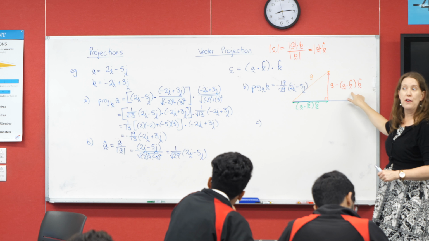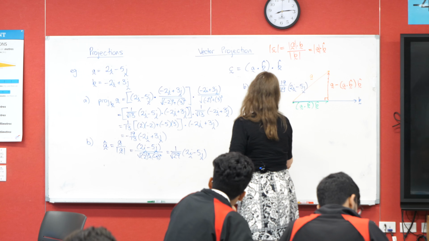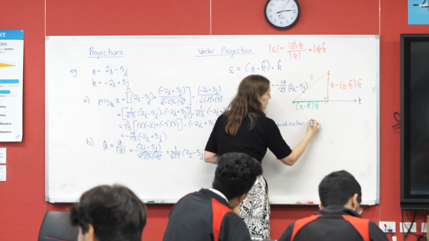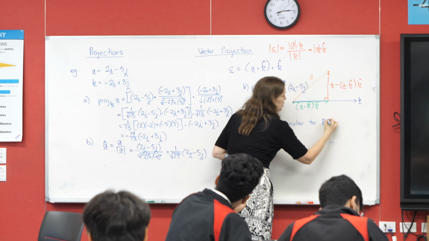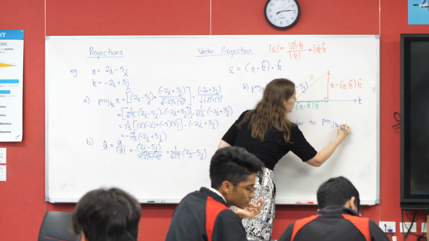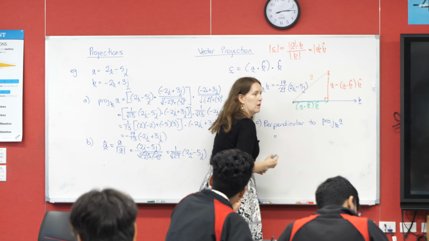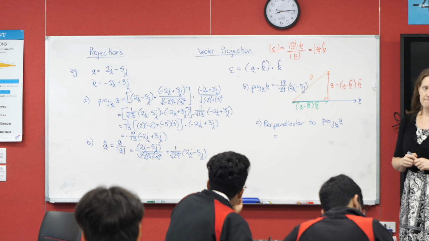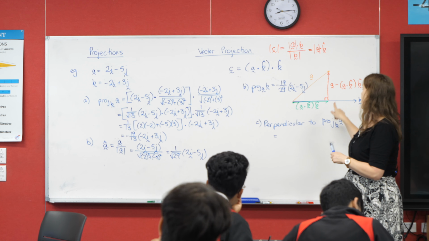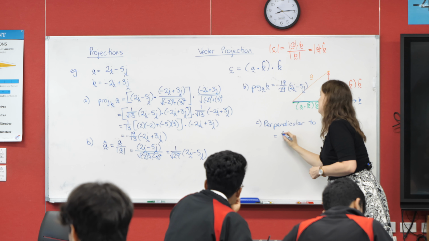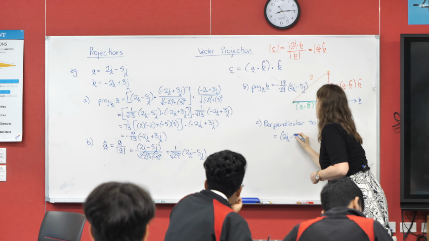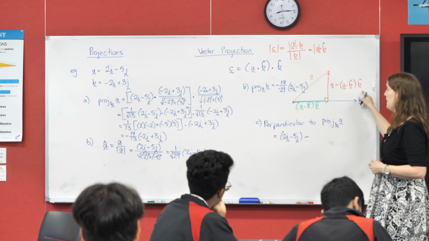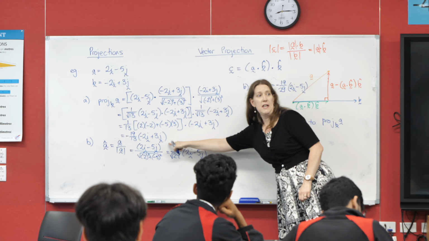What is the other component? So the perpendicular to the proj A onto B. What's our perpendicular component going to be? It's going to be my A vector minus this bit here is this bit here.